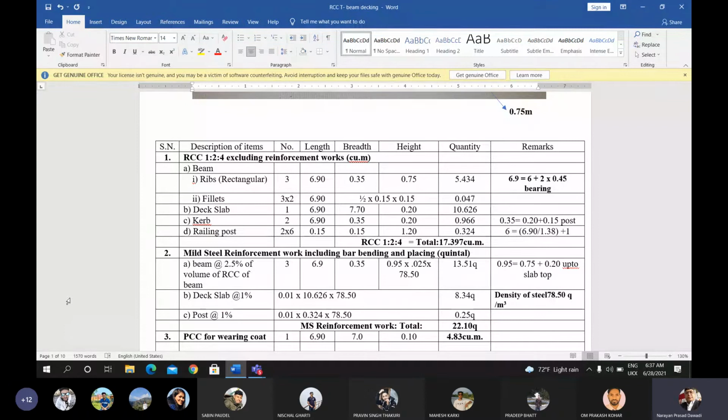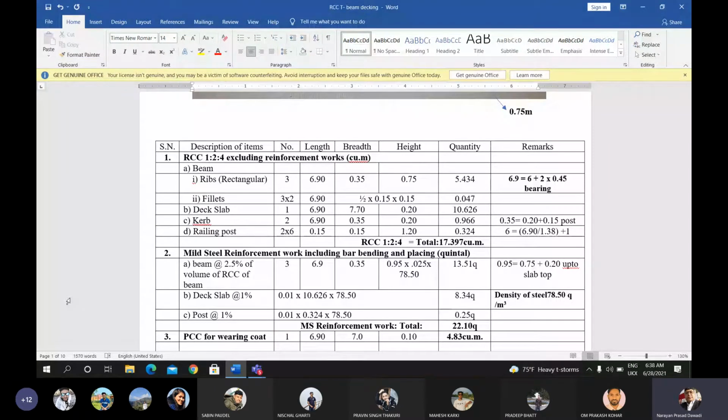The volume of RCC is taken for the rectangular portion only, and the volume of the 3 rectangular portions you have calculated as 3, 6.9, 0.35 into the height. Don't look at the 0.75 height. Go to the height up to the slab thickness for calculating the steel reinforcement bar. So I have taken 0.75 plus 0.20, and you will get the height as 0.95.